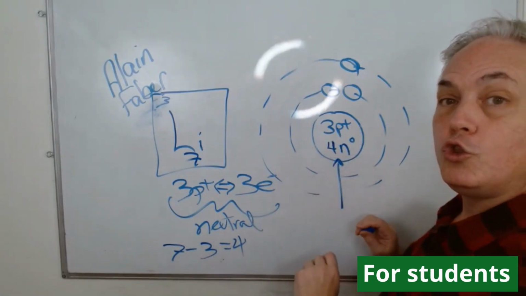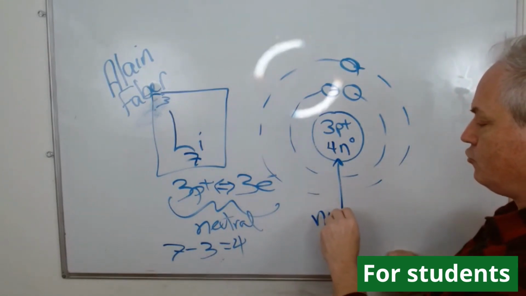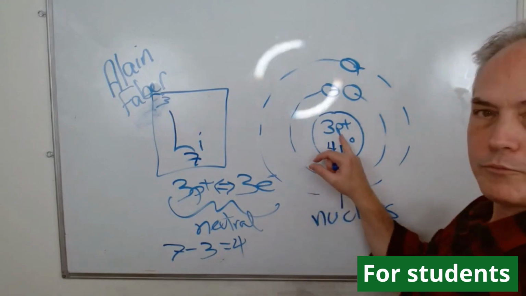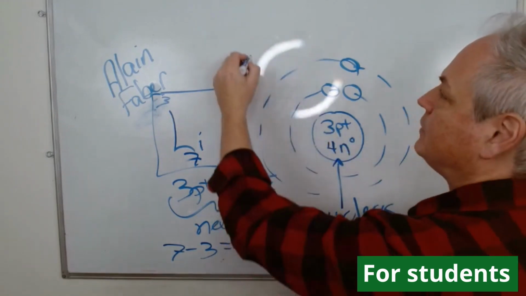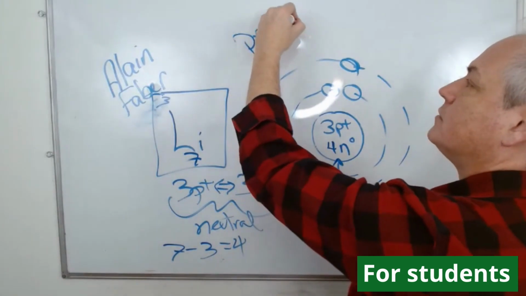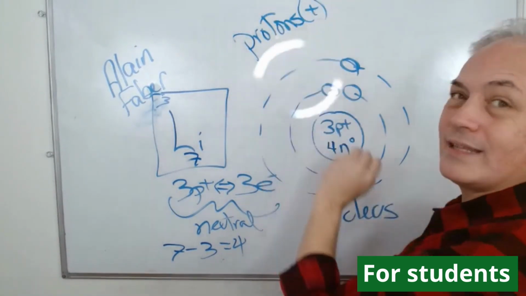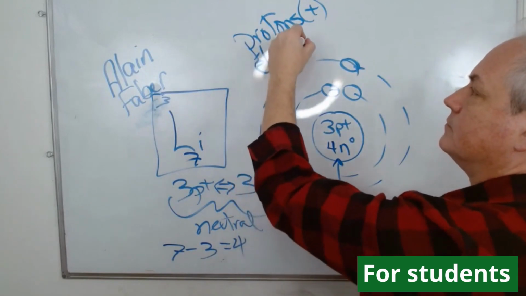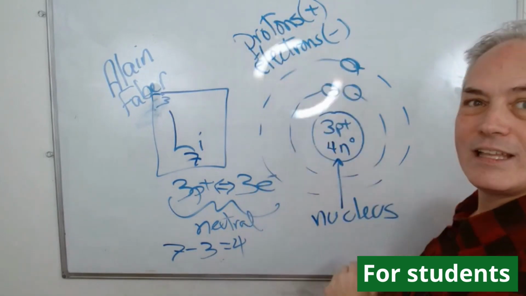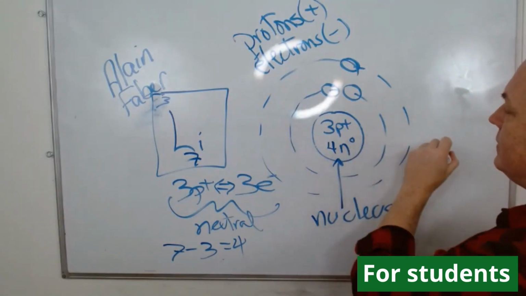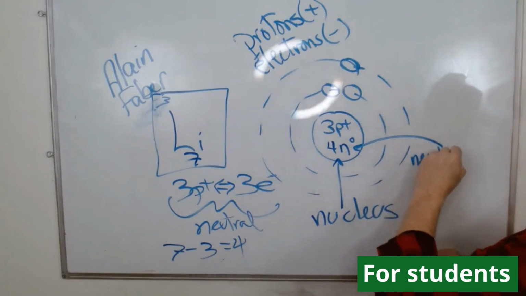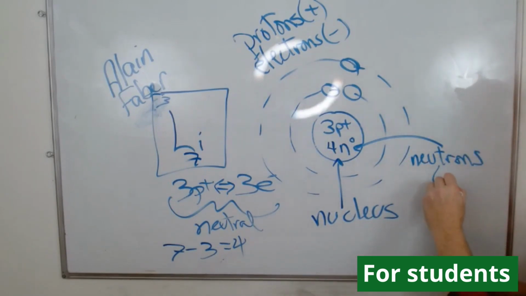This is what we call the nucleus. The nucleus, like this. We have the number of protons. Let's put the vocabulary. So we have the protons that are positive, we have the electrons that are negative, and we have here the neutrons that are neutral.